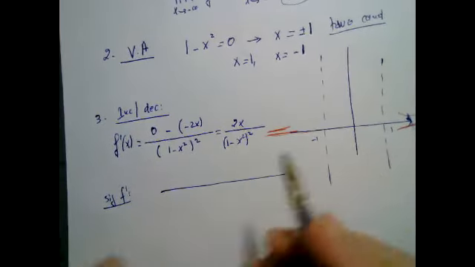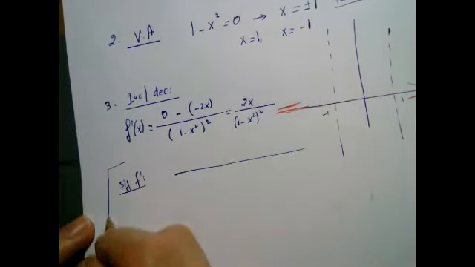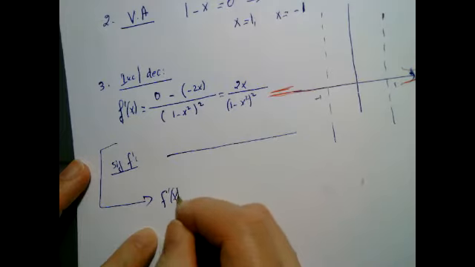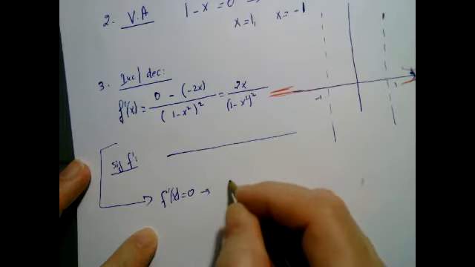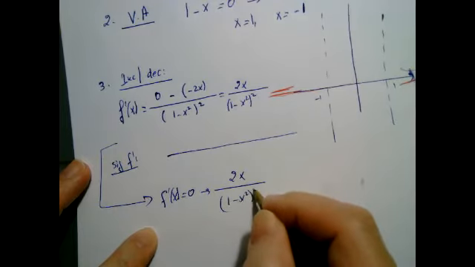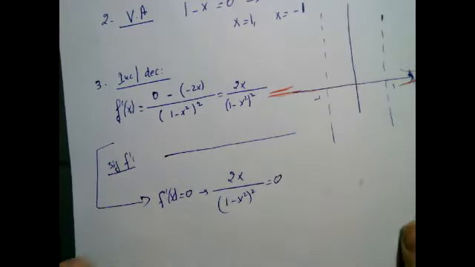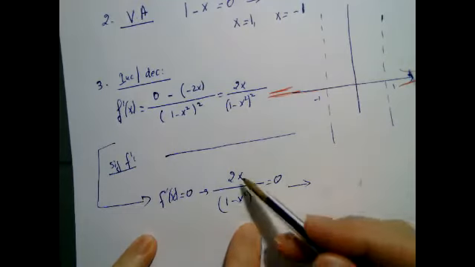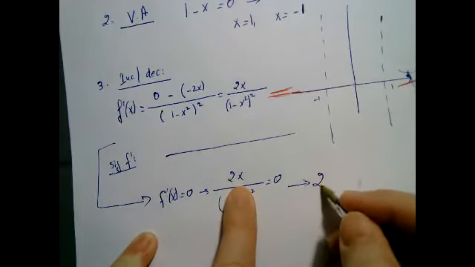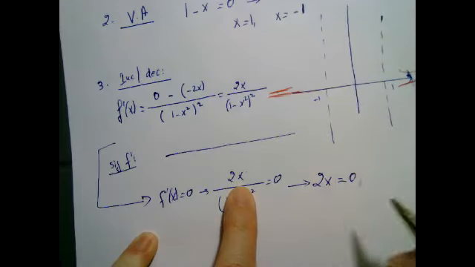My derivative is 0. Sorry, before I study the sign, I have to set the derivative to 0. f prime of x equal to 0. It means the numerator over the denominator is 0, so the numerator equals 0.